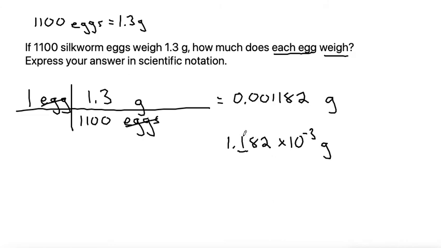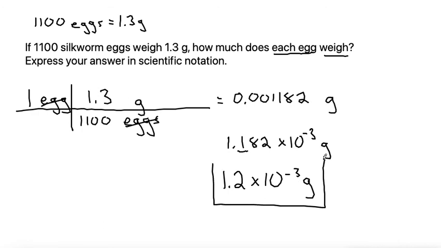And the 8 behind the 1 makes the 1 go up by 1. So our final answer would be 1.2 times 10 to the negative 3 grams. That's how much each, or one, silkworm egg weighs in grams, or its mass.